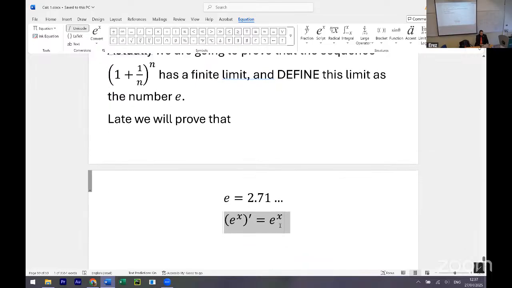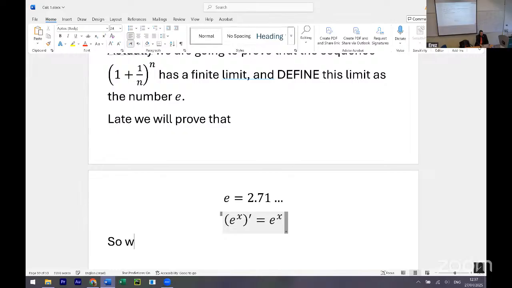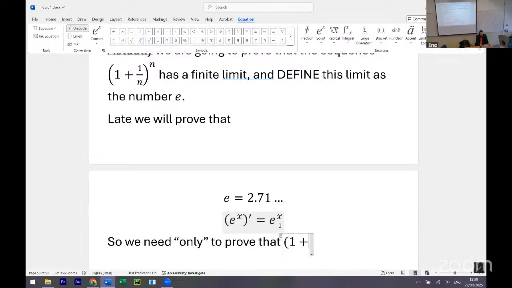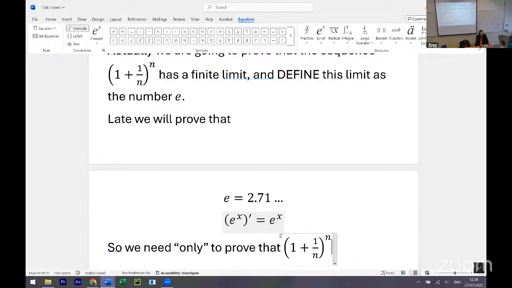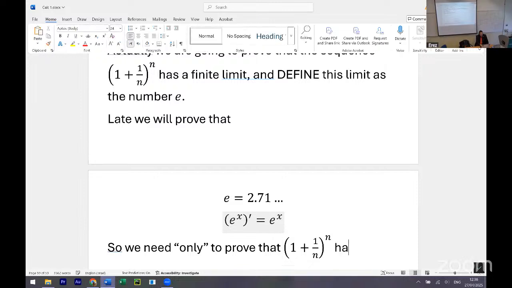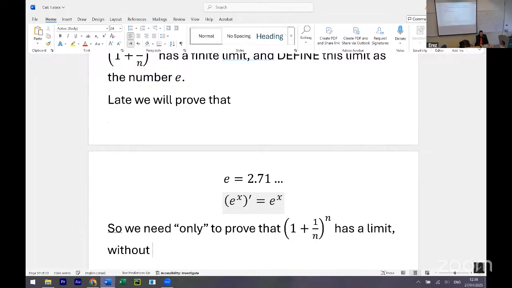Okay, so we need to prove, we need only to prove that the sequence 1 plus 1 over n to the power of n has a limit, without actually finding it as a finite limit, right?